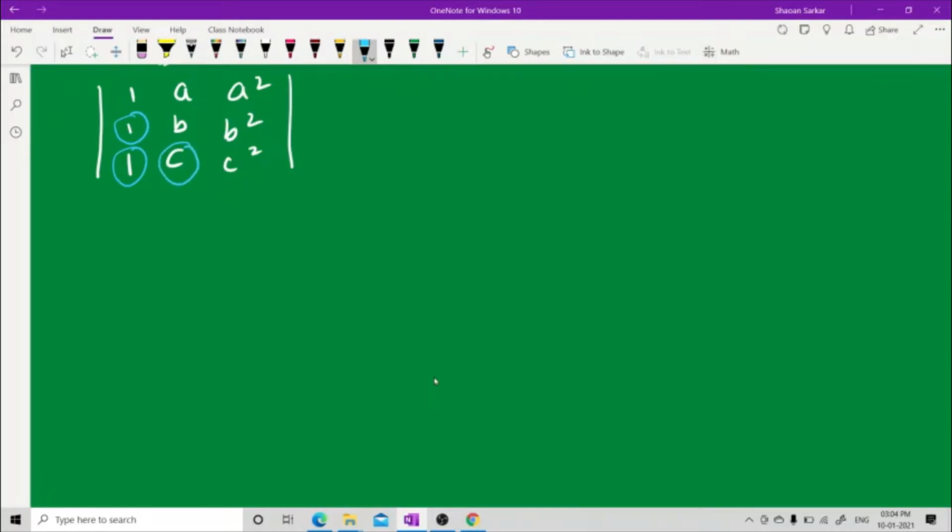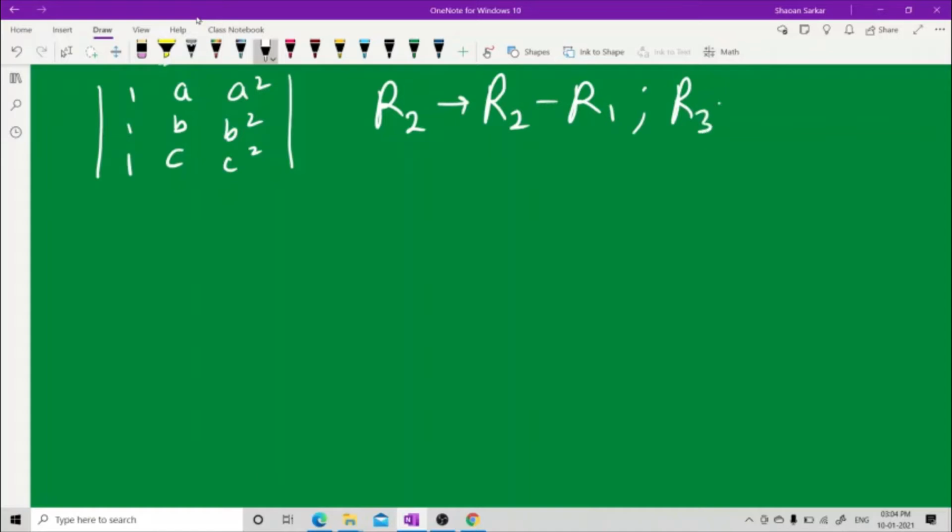That's the idea: basically, as many zeros as possible. You have to make it an upper triangular matrix. I think I told you in my first lecture about types of matrices. Now see the operations that I'll take. R2 is to be replaced with R2 minus R1, and R3 is to be replaced with R3 minus R1.